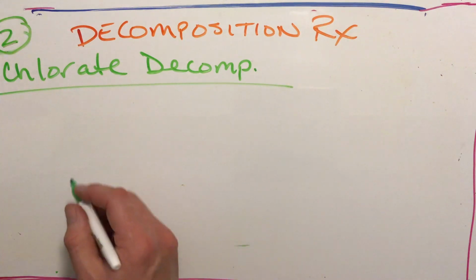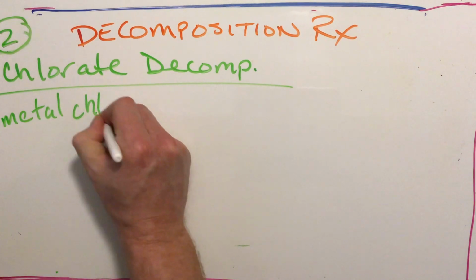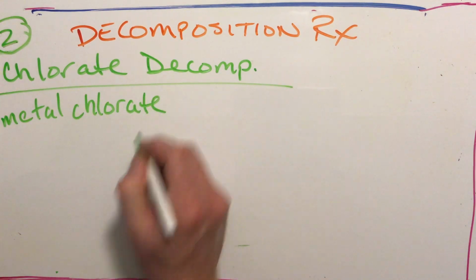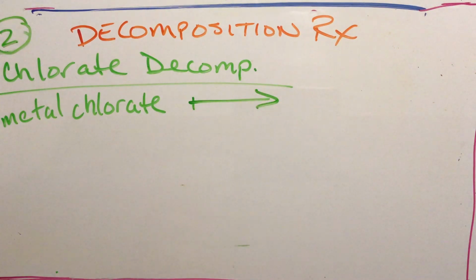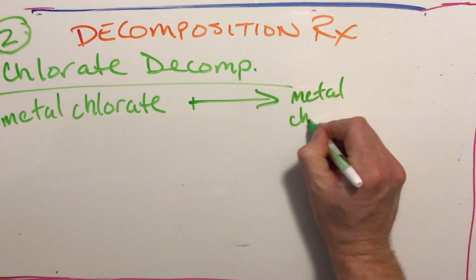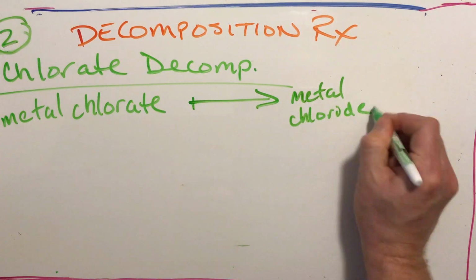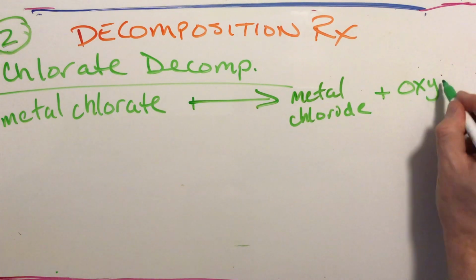What we're going to see here every time is a metal chlorate. And it's going to break down and give us a metal chloride and oxygen gas.